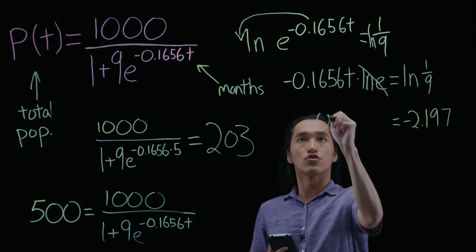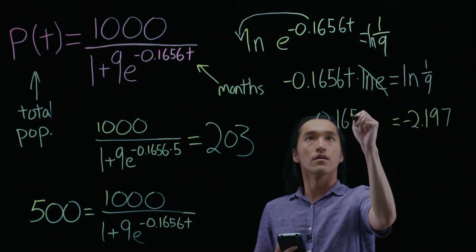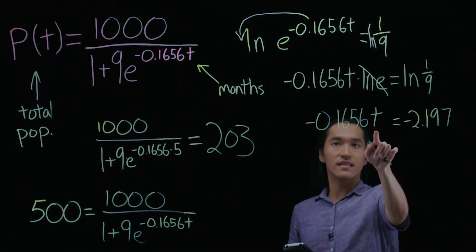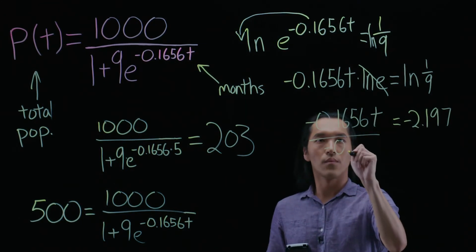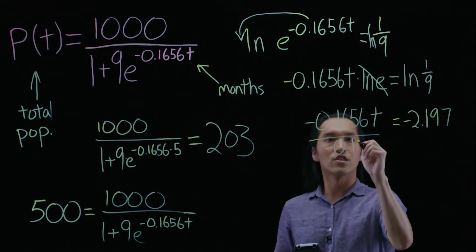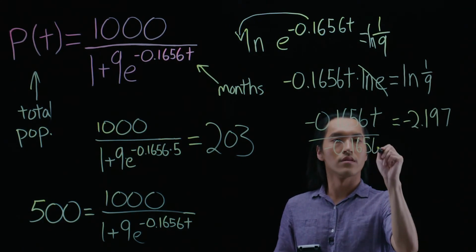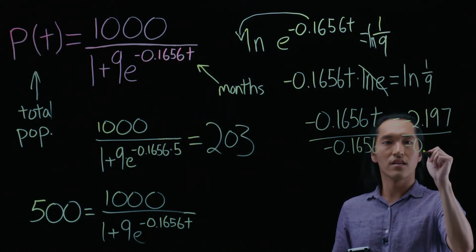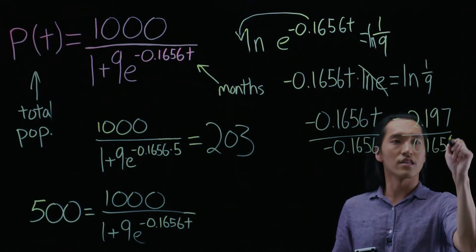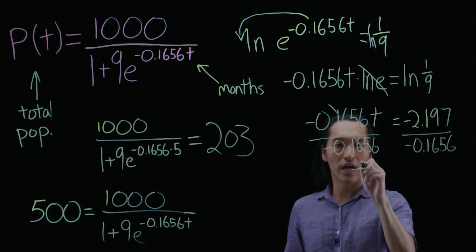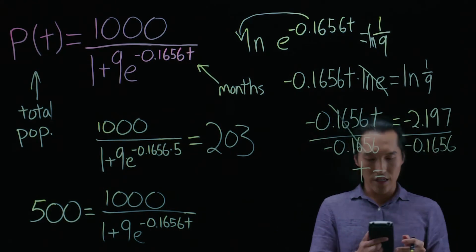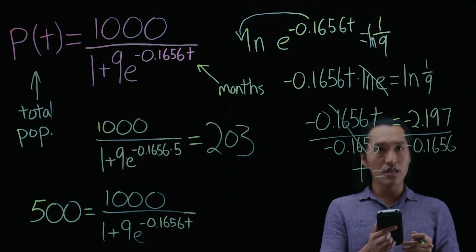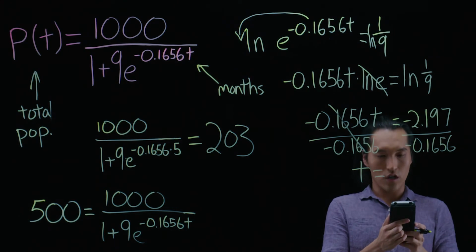Meanwhile, over here, we'll just drop this down. The final step to isolate the t is to divide both sides by this number that is multiplying the t right now. So we're dividing by negative 0.1656. This cancels out. So now we're left with t is equal to this, and we can just plug this into our calculator to solve.